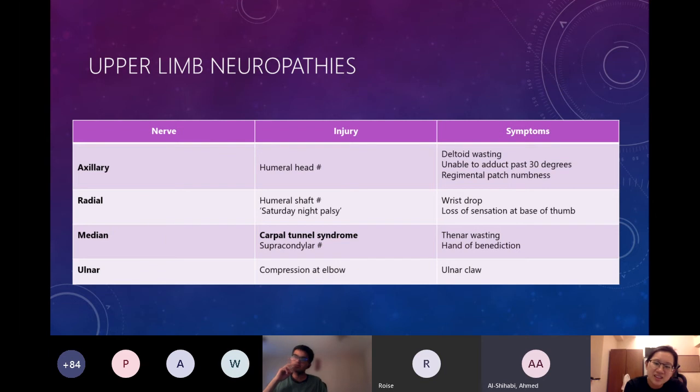That's cubital tunnel syndrome, and what you're looking for is failure of everything the ulnar nerve supplies. So wasting of the hypothenar eminence, not being able to do your lumbrical functions, and loss of sensation over the little finger and half of the ring finger.